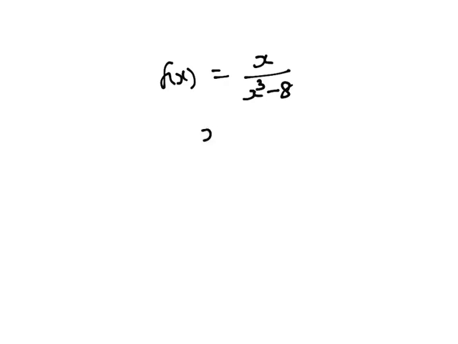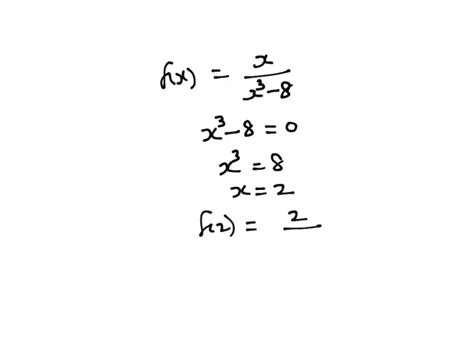Is there any value of x which will make the denominator 0? So you equate it to 0. So x cubed equal to 8. So that means x equal to 2. So f of 2 will be 2 by 0. Therefore 2 is not part of the domain.